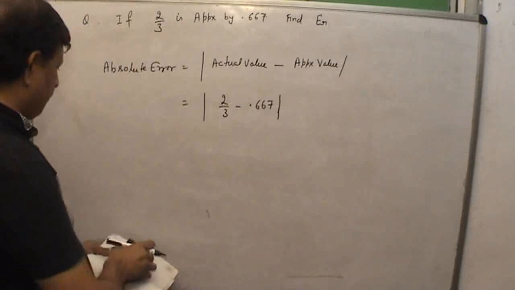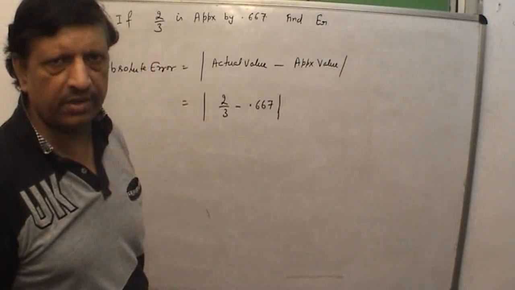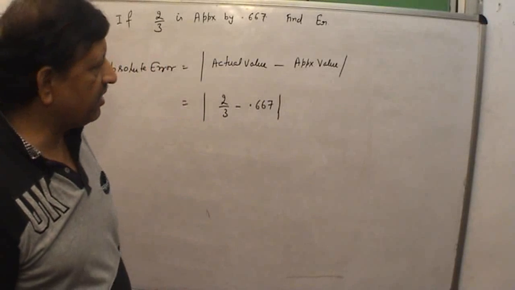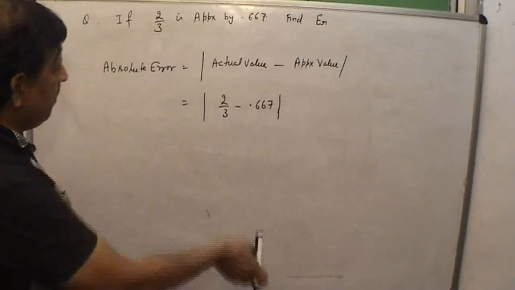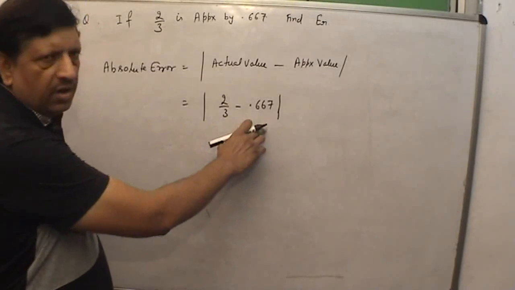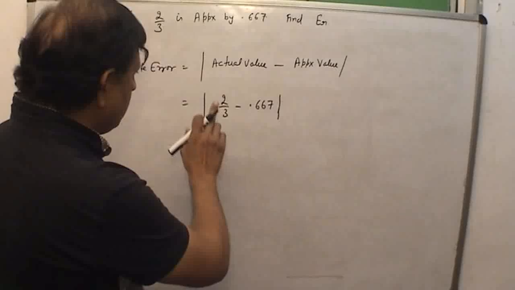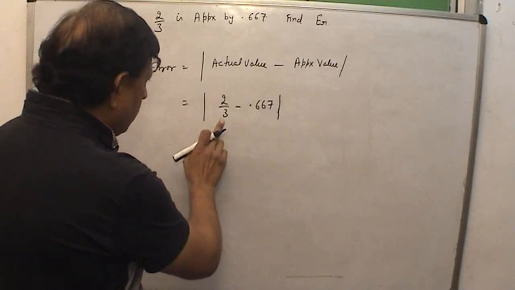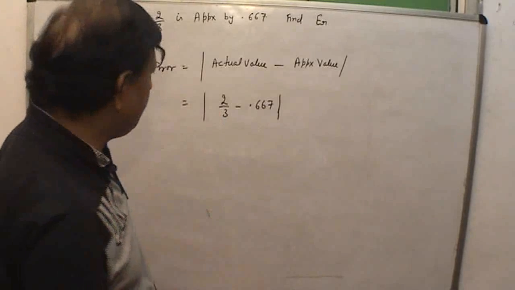Here we keep our figure as a fraction in the same manner. Rather than 2 by 3, it may be 1 by 3, or sometimes pi as 22 by 7. If we calculate it again, it will give this figure. So we do not change the given form of any figure.